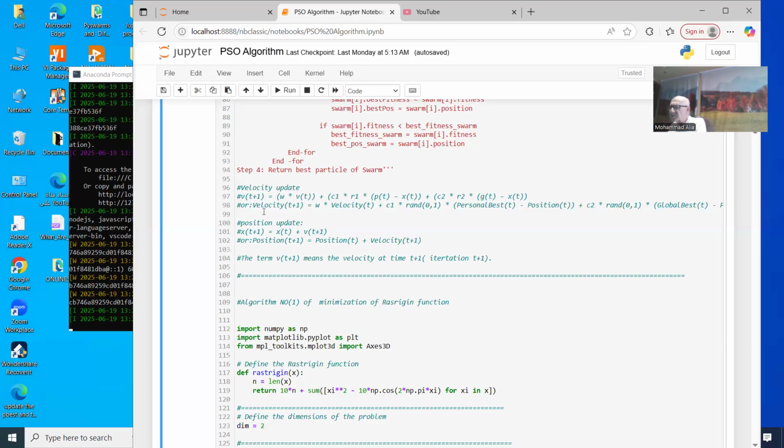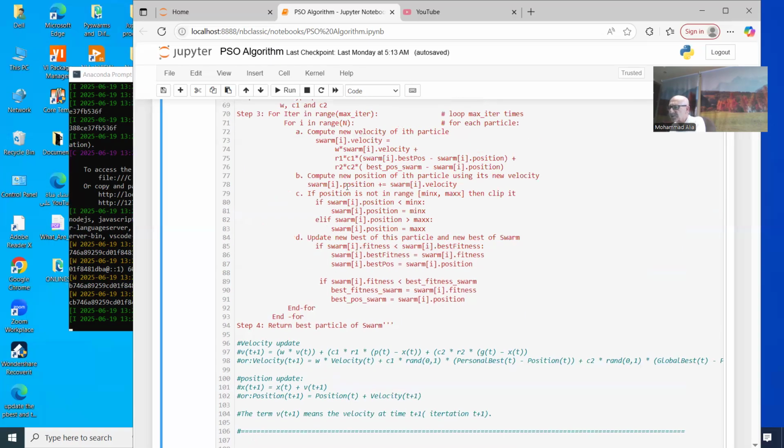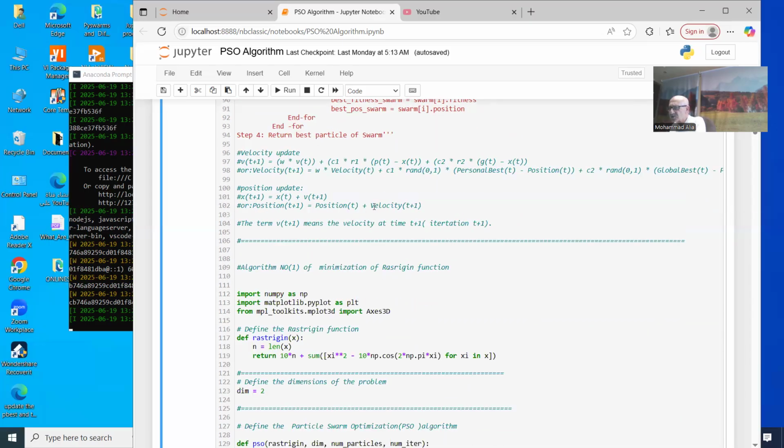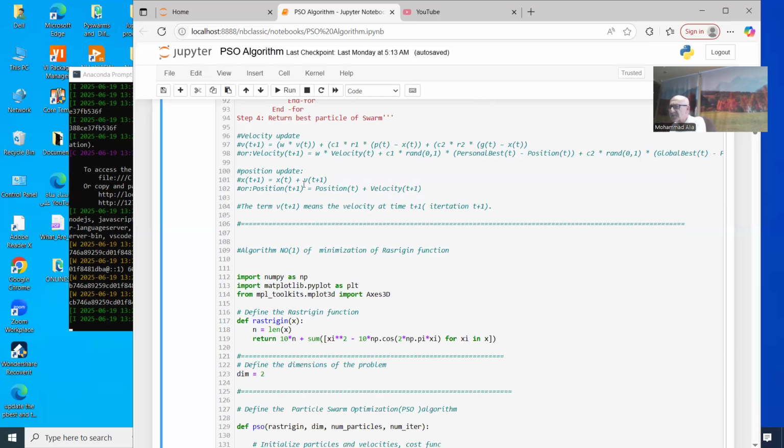V of t plus 1 really is that velocity which I was talking about just now. This is swarm of I velocity. It is written here as V of t plus 1, and it is defined exactly the same.